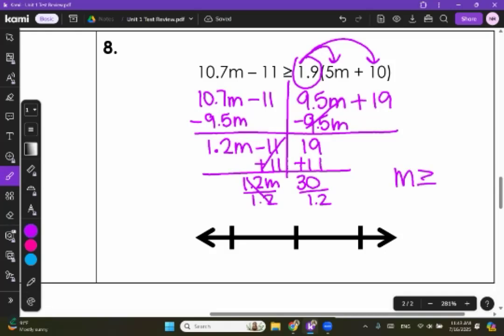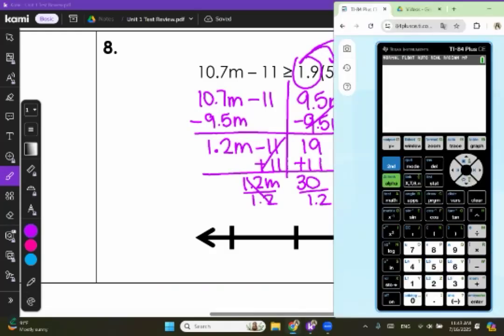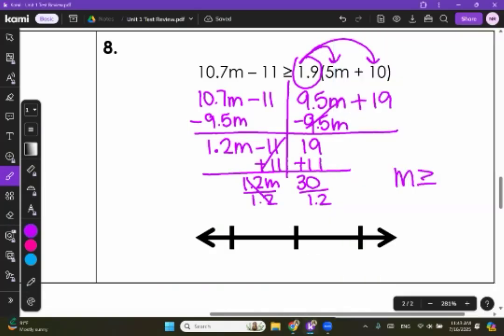We're dividing by a positive number, so nothing else changes. 30 divided by 1.2, I believe I made a mistake earlier, so I need to double check that. It is 25. So you put 25 on the number line. It is underlined, so remember the line fills in the bubble. And there you go.